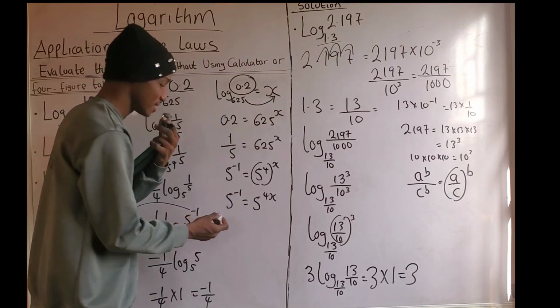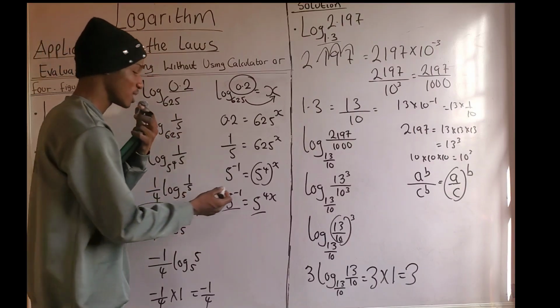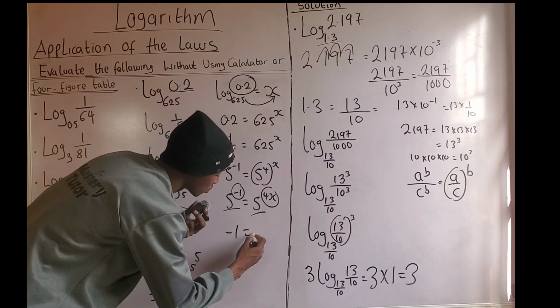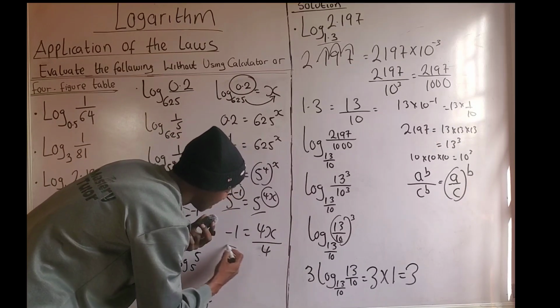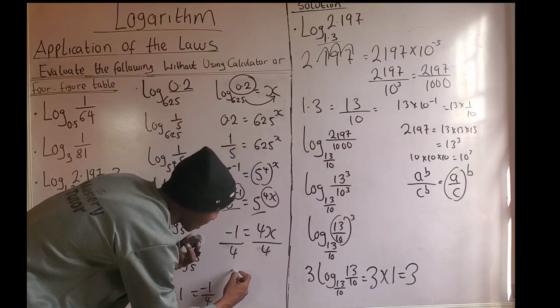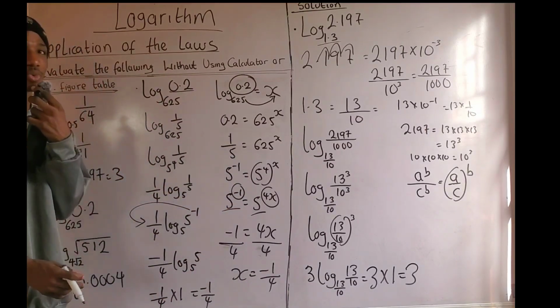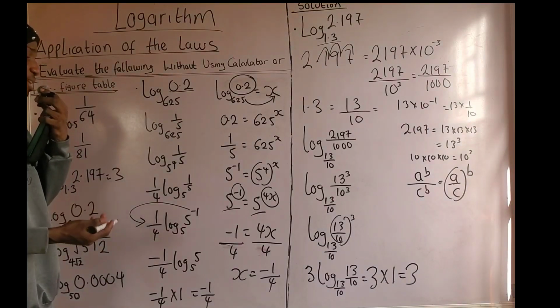Now, because these bases are now equal, I can equate the powers. So I'm going to set negative 1 equals 4x. To get the value of x, I'm going to divide both sides by 4. So x equals negative 1 over 4, which is the same answer that we got using the first method.